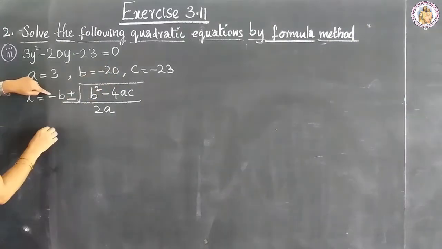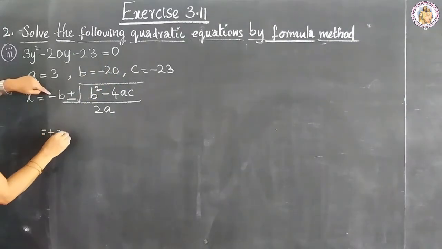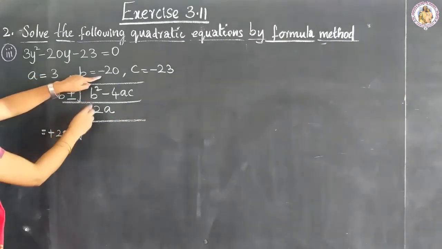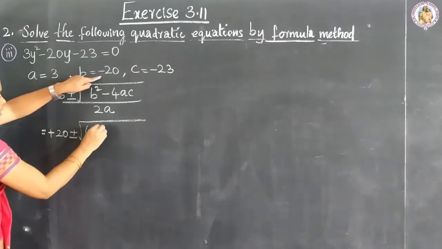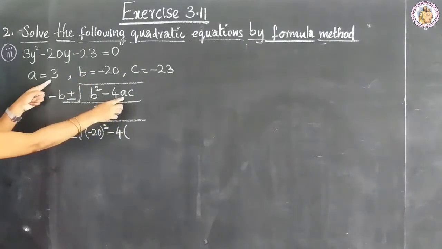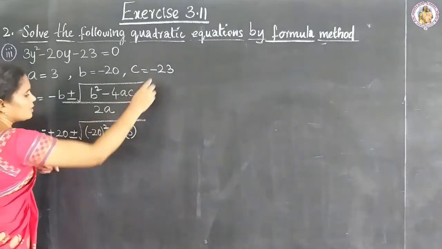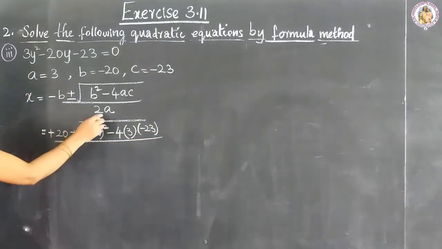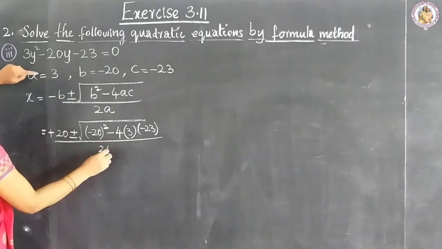While minus 20 comes here, it becomes plus 20, plus or minus b square. b is minus 20, minus 20 whole square minus 4, a is 3 and c is minus 23, divided by 2a, 2 into a, a is 3.